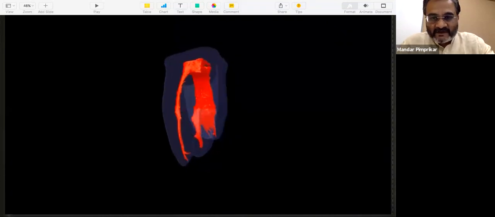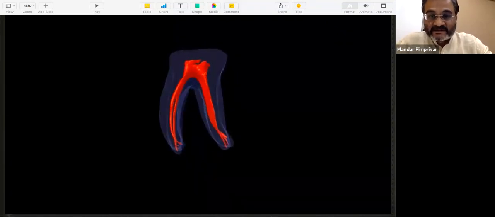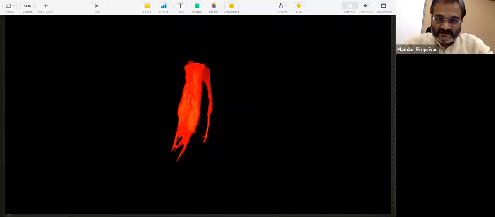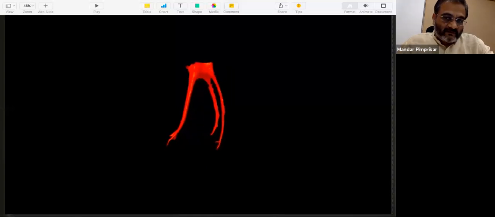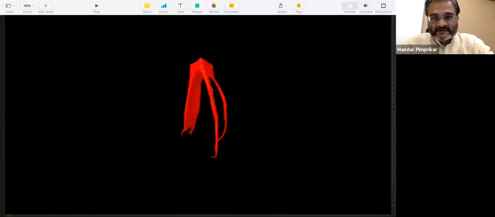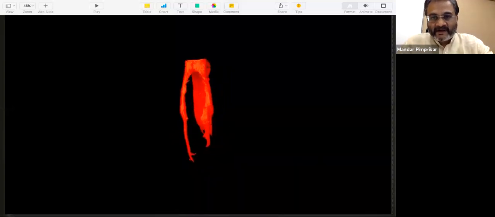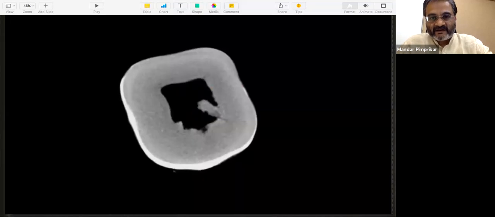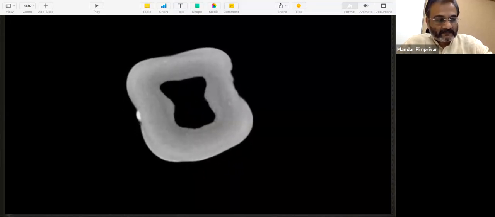There will be curvatures, there will be isthmuses, the interconnections, the apical deltas to deal with. We have to be centered in our preparing the canals so that the file always remains in center and do not weaken the tooth structure.